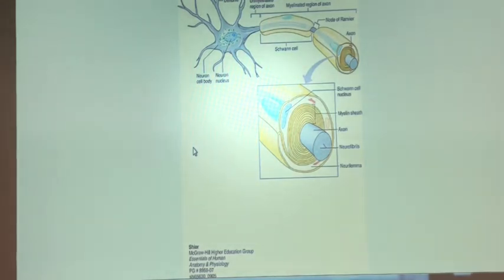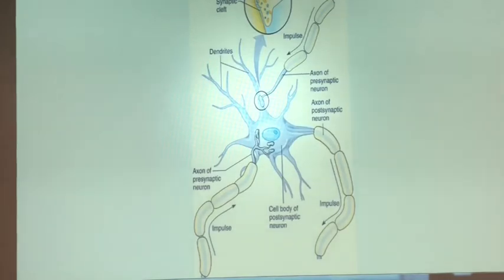And again, look at the nodes of Ranvier, dendrites, axons, good review there.